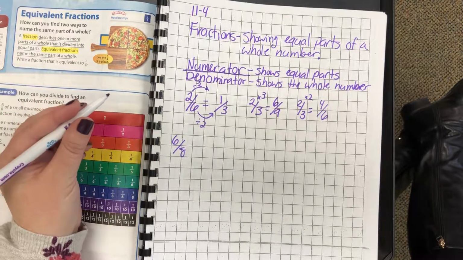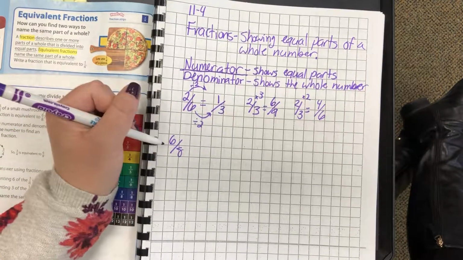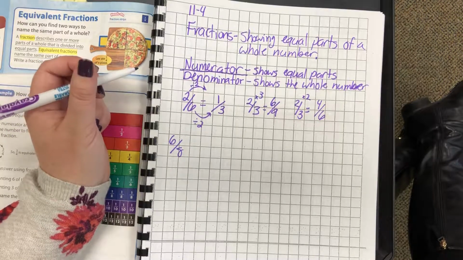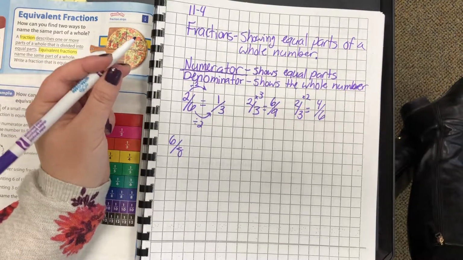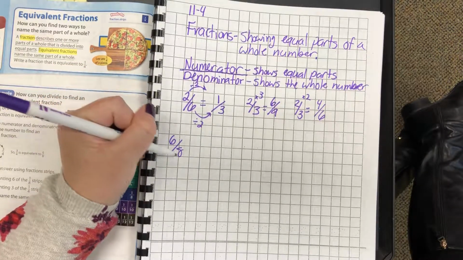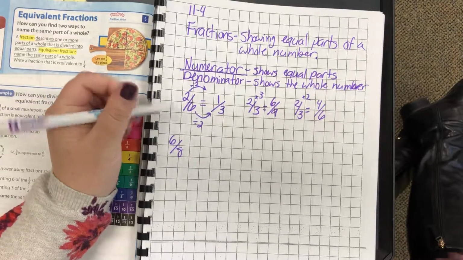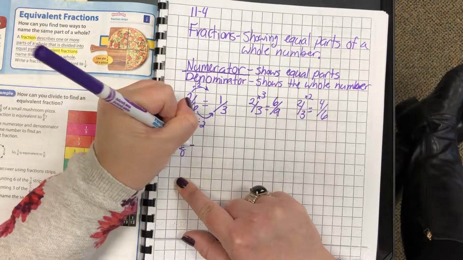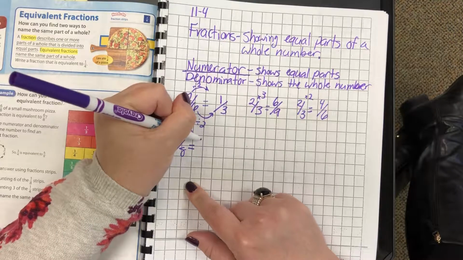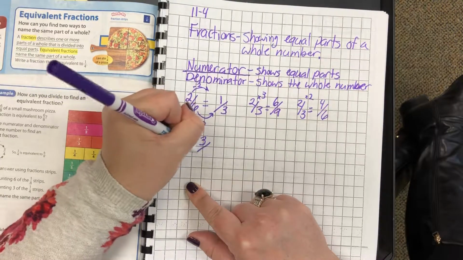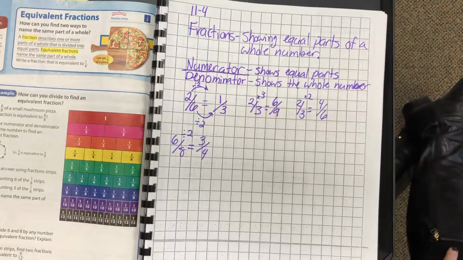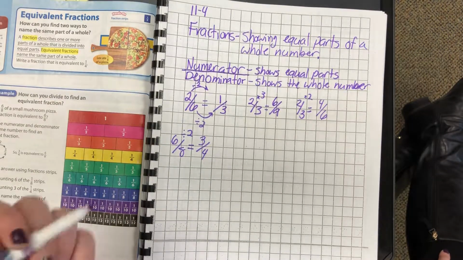So the first question I ask myself is, can I make this smaller? Yes. My second question is, can it be divided by 2? Yes. In this case, yes. So that's what I'll do. If I divide by 2, 6 divided by 2 is 3, and 8 divided by 2 is 4, there we go, 3/4.